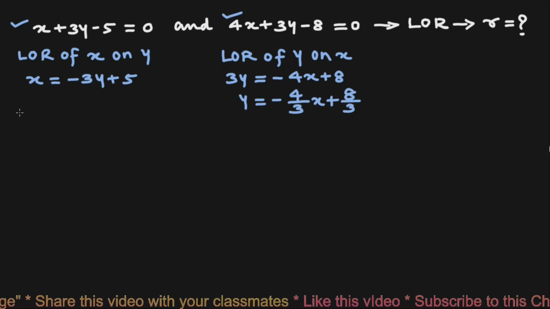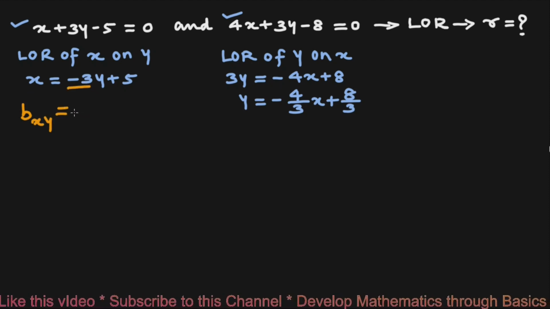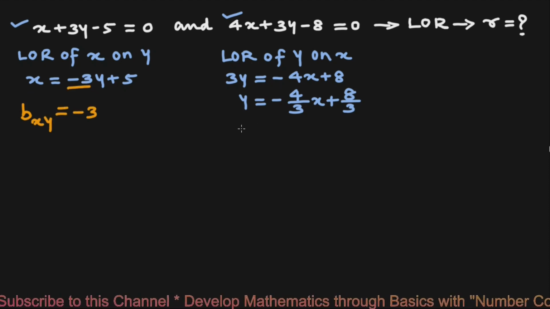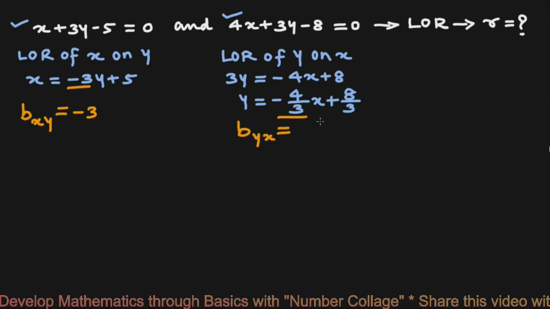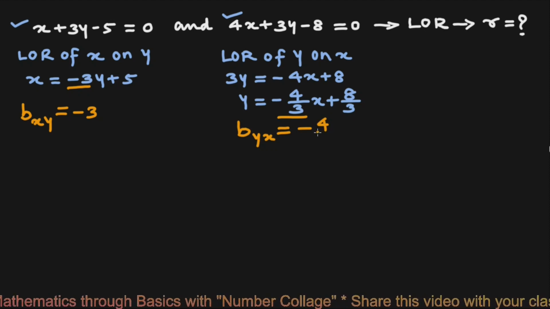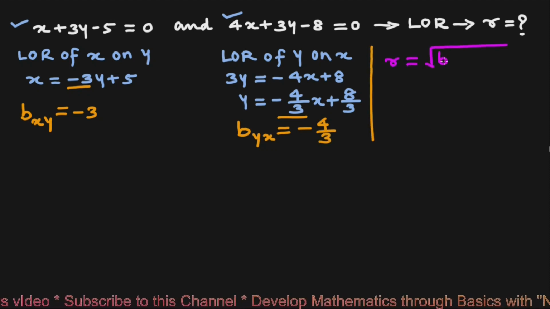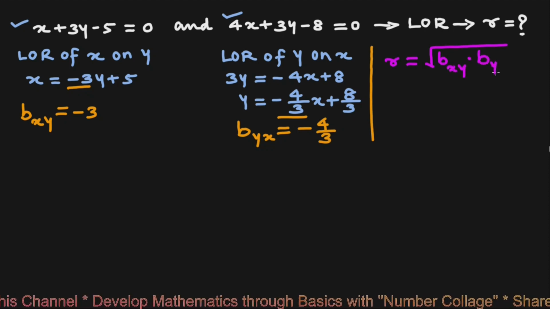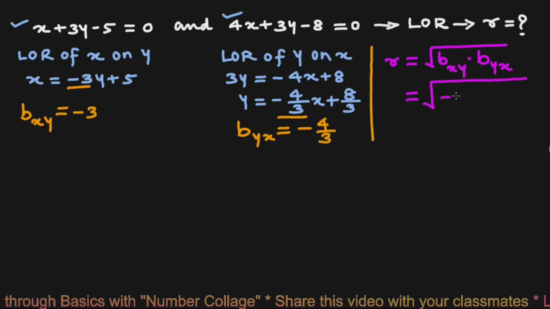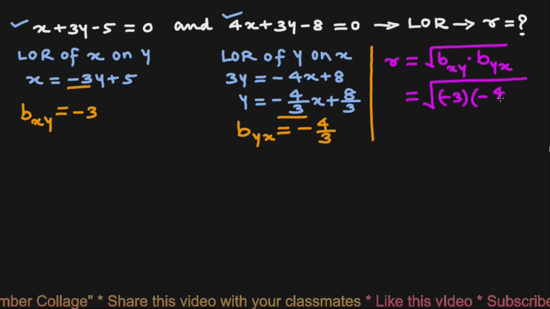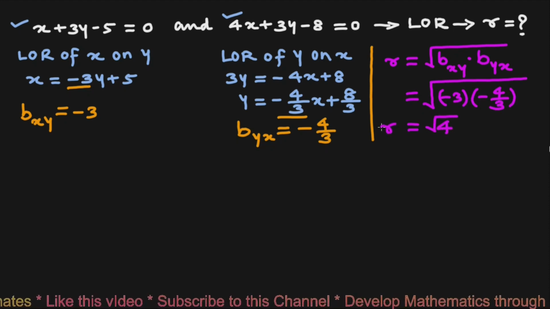Here the coefficient of regression bxy is this minus 3, and here the coefficient of regression byx is this minus 4 by 3. So we write r equals square root of bxy into byx, which will be square root of minus 3 into minus 4 by 3, that is square root of 4, or r will be 2.